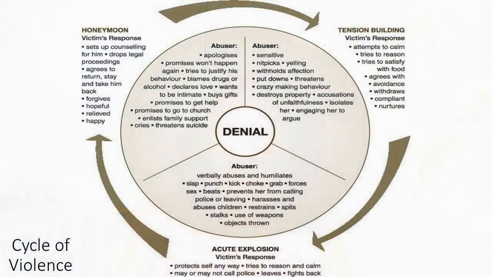There are 3 different stages of the cycle of violence. The first stage is tension building, the second stage is acute explosion, and the third stage is the honeymoon stage. So while explaining each stage, I'll be referring to what's common in the abuser and what's common in the victim in each of these stages.